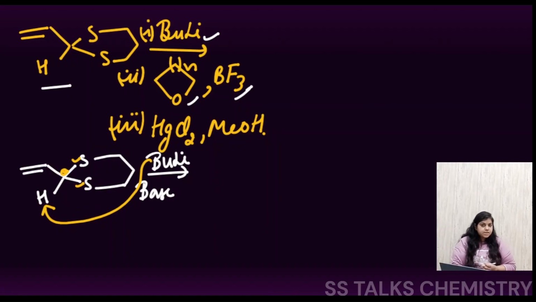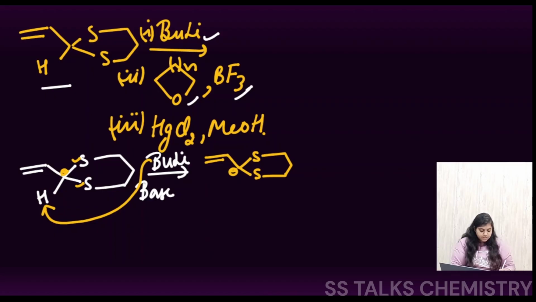They have vacant 3d orbitals, so the electron density of the negative charge can be delocalized into the d orbitals of these two sulfurs. So that proton is acidic in nature. Here we have the negative charge, and this species will be forming. So this is the first step.